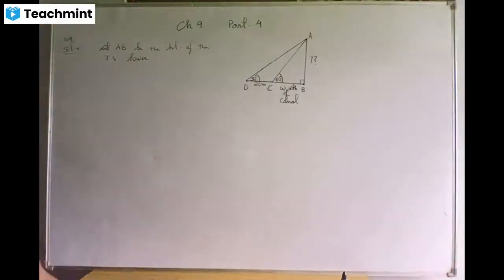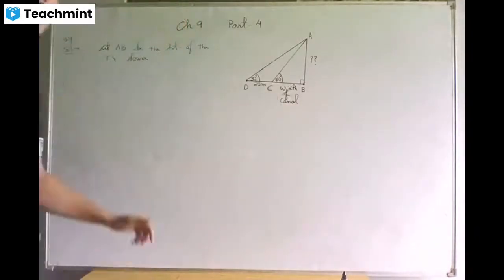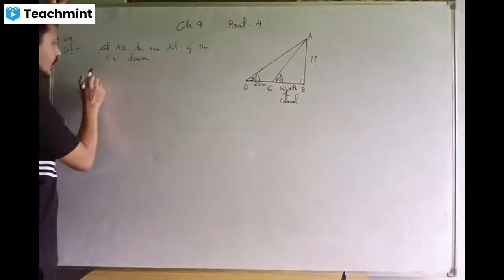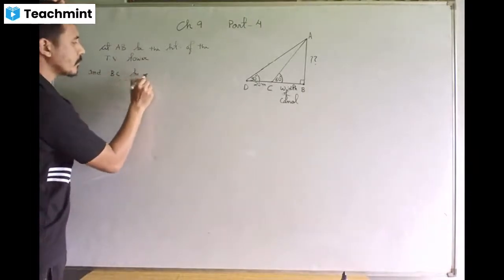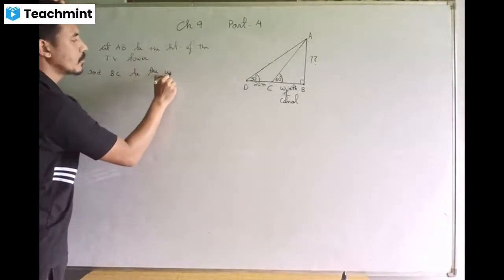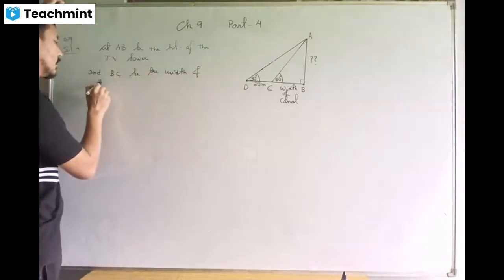Also, we want to find out the width of the canal, denoted by BC here. So let AB be the height of the tower, and let BC be the width of the canal.